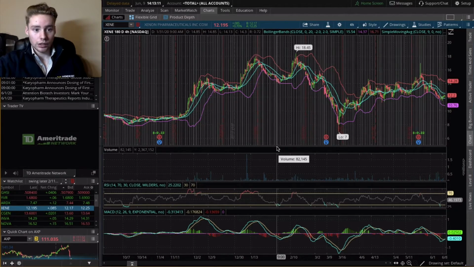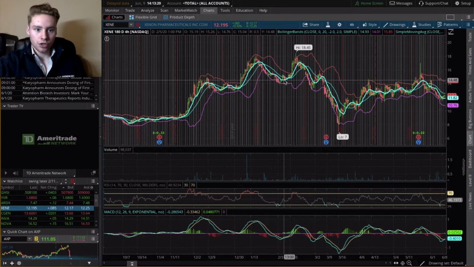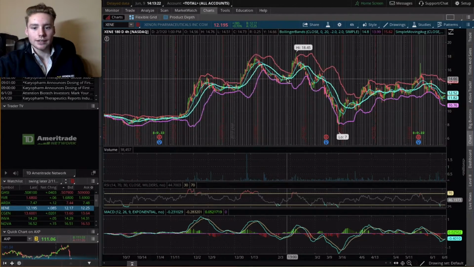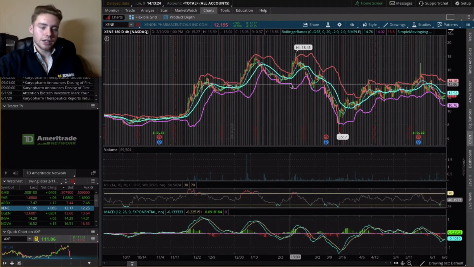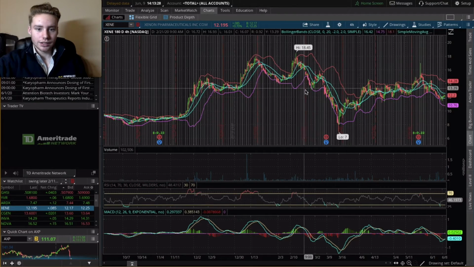Bearish or bullish, increasing volume. So you're going to want to look for bullish increasing volume, a move up with strong volume, because that increases the propensity to continue going up.